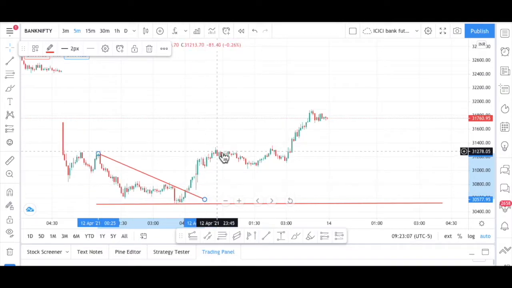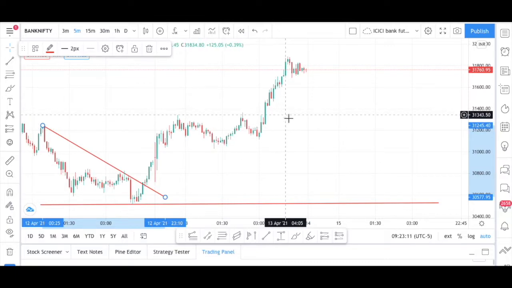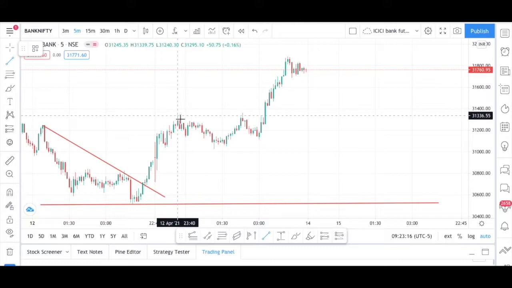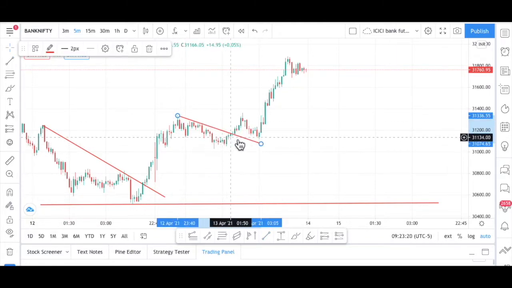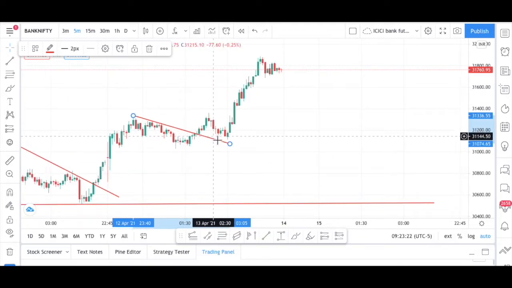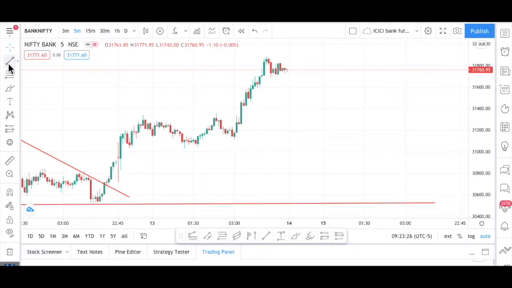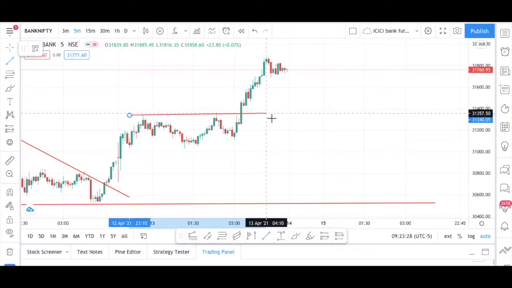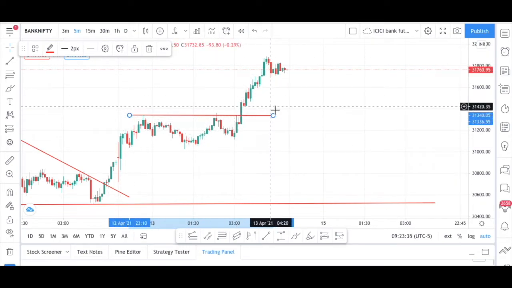So for today, I just waited for the price action to give a good confirmation about some trend line. We did get one breakout here. I could have entered, but I still held on to my trade, like I never entered in this breakout. Once we broke out of this kind of a double top over here, in this candle I entered and made some good profits.